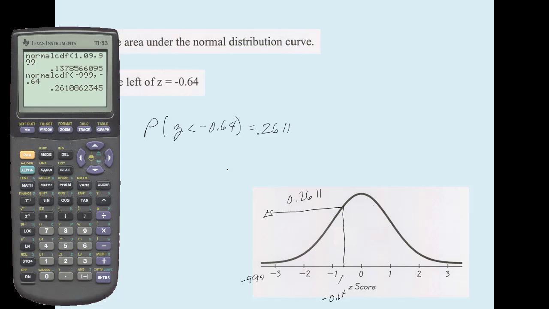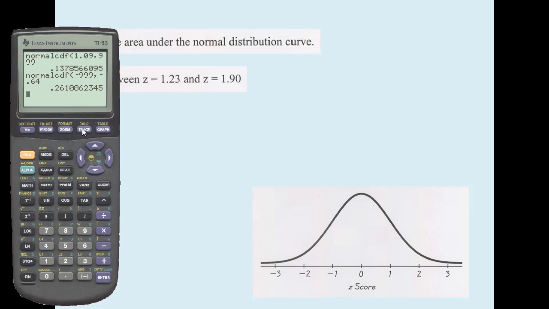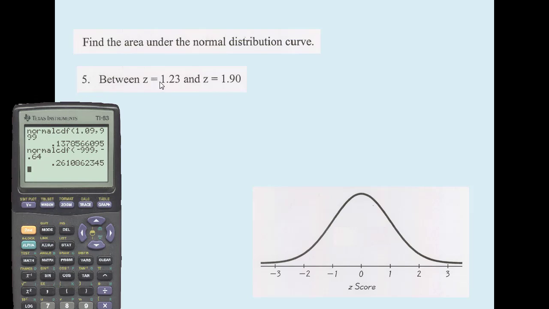All right, so then let's do another example here. We want the probability that z is between 1.23 and 1.9. What I'm going to do is find the area from here over, which is in the table.